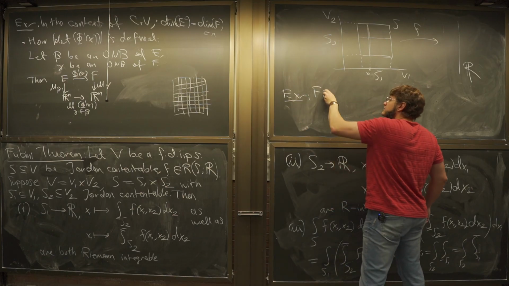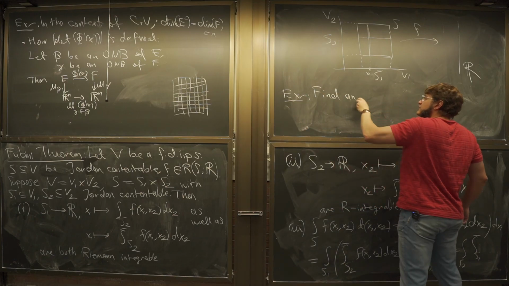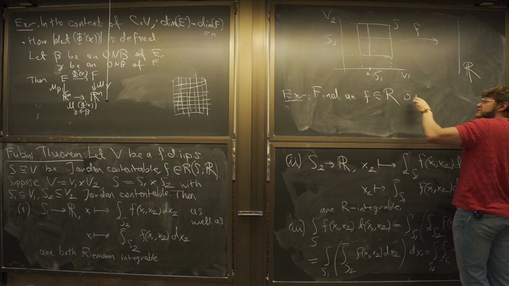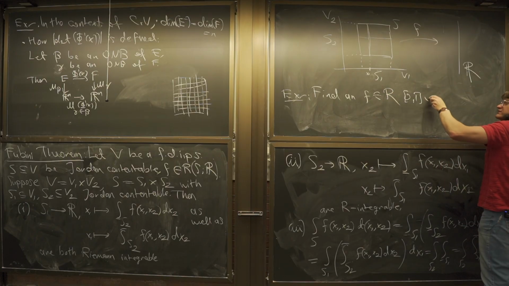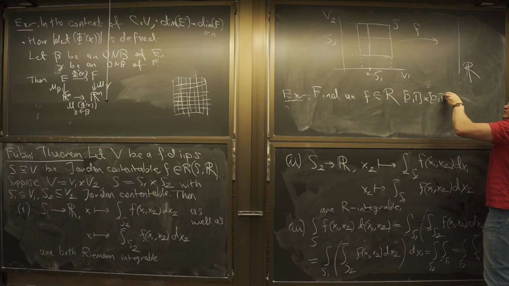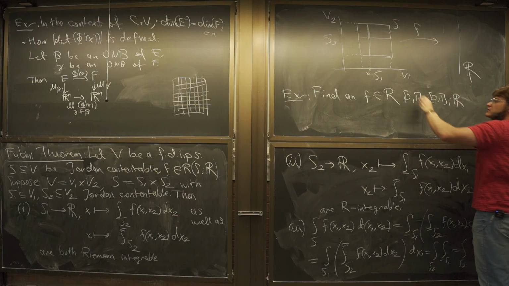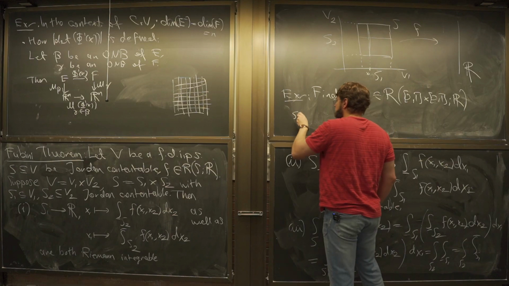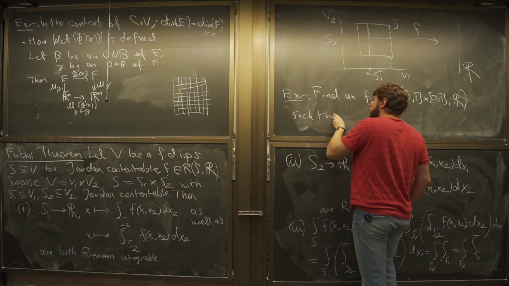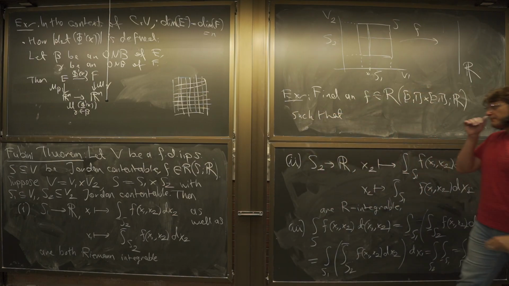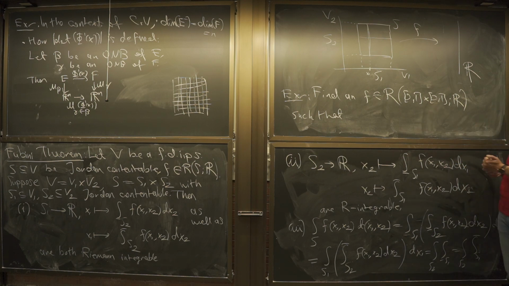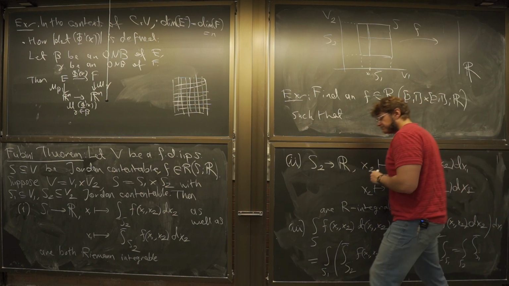So find an f, let's say defined on a box, in fact, such that at least for some, let's say, x, it is not integrable.